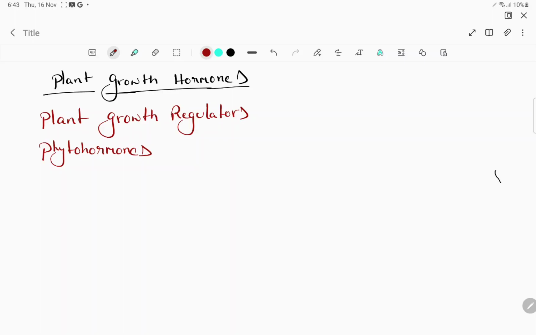So these are the diversified chemicals. The list of the phytohormones are, we have two types in this: plant growth promoters, plant growth inhibitors.